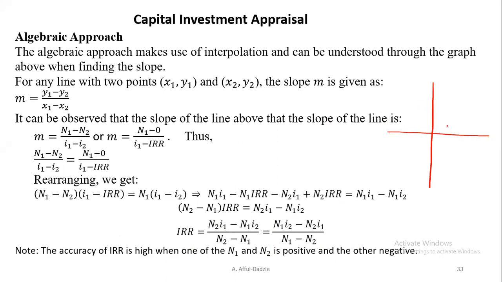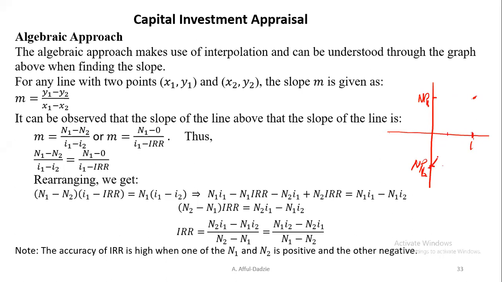In the Cartesian plane, let's say NPV2 is here and NPV1 is here. It's a point with a certain I here, and this one has a certain I here. So you have one point here and the other one here.